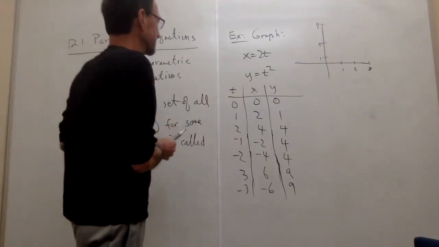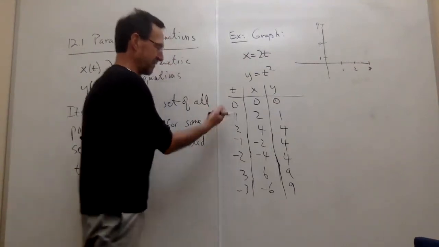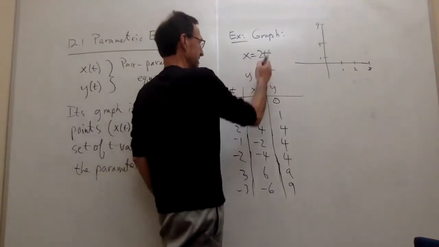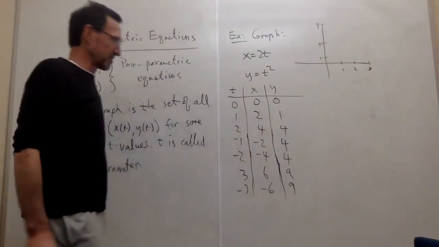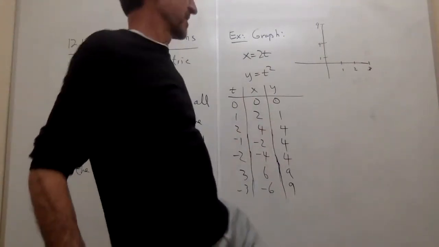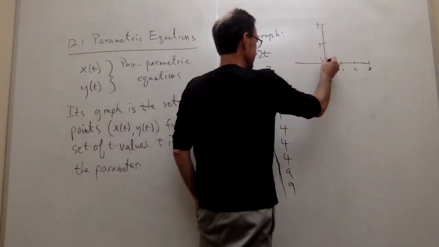And so the idea is that I let my t take on several different values. I've chosen a handful here. And then we plug those values into my x and y functions, and I hope I did the arithmetic right. And now we wonder, what does the curve look like? So if I plot these points, notice the origin is on it.